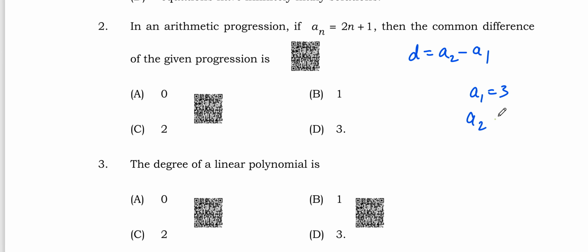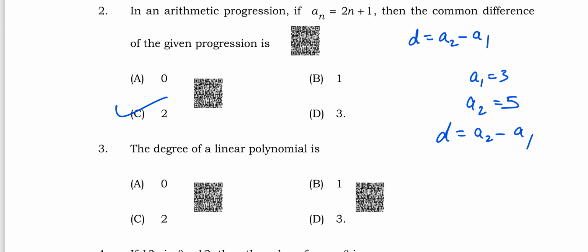For the second term, substitute n as 2, 2 twos are 4 plus 1, which is 5. The common difference is a2 minus a1, 5 minus 3, so option C. Understood? Later I will teach you the technique to solve multiple choice questions. Now I was able to show you the pattern.